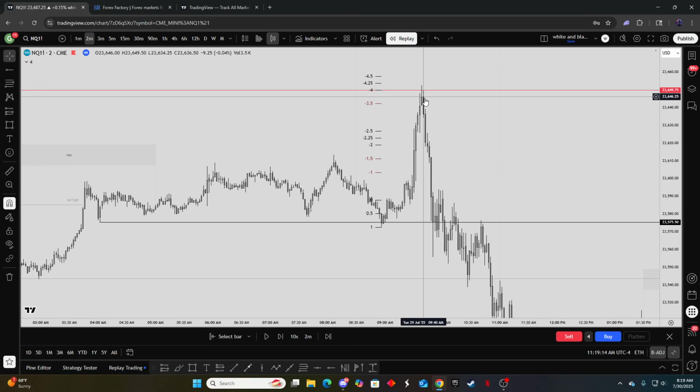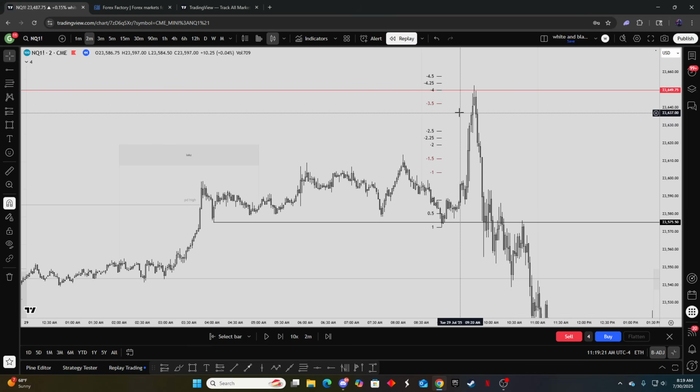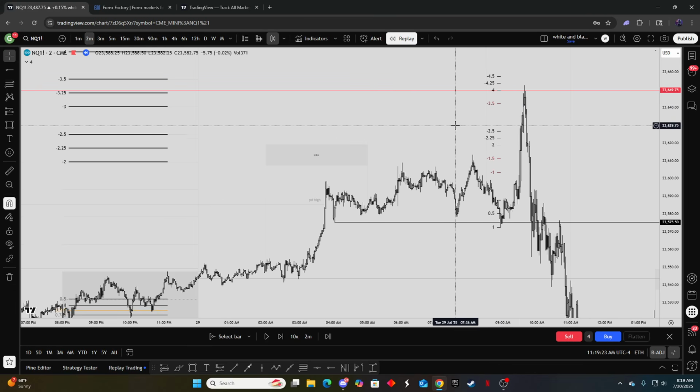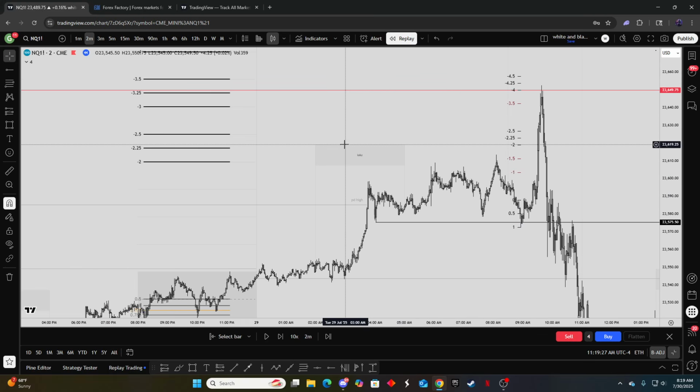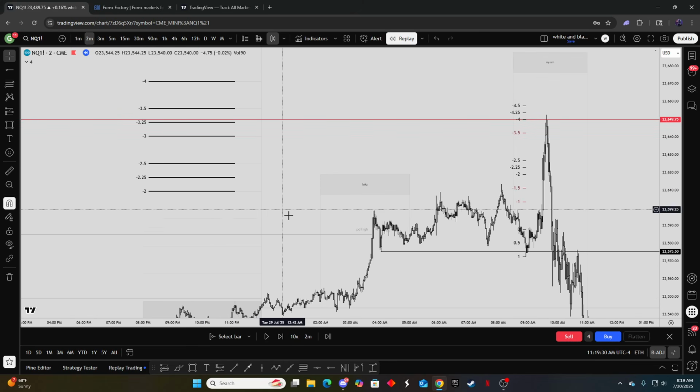I like to see a bearish candle close and then a bullish candle or a wick and then a bearish candle, and then I try to enter because I want more confirmation. So in this case, we had the deviations. -2 didn't work, -2 already played out. So I was looking for a reversal from here.